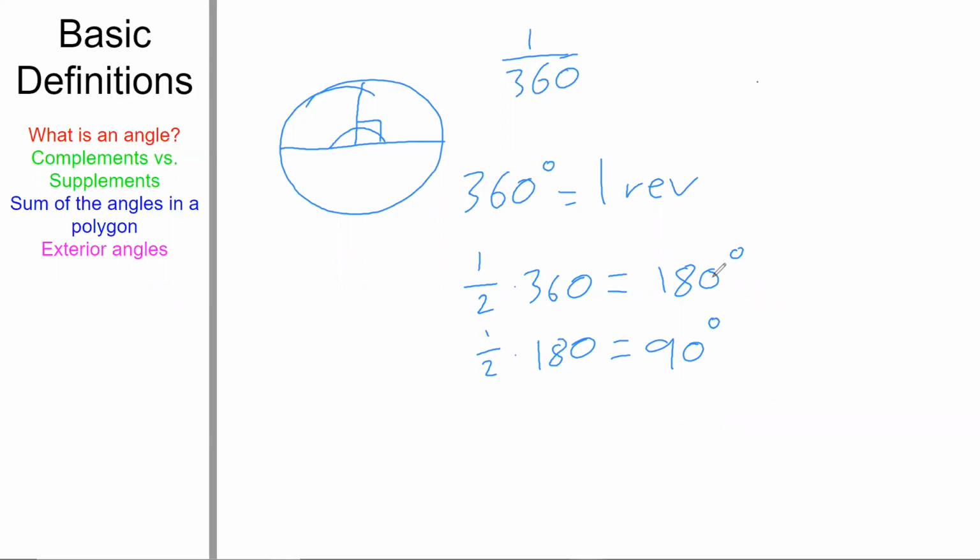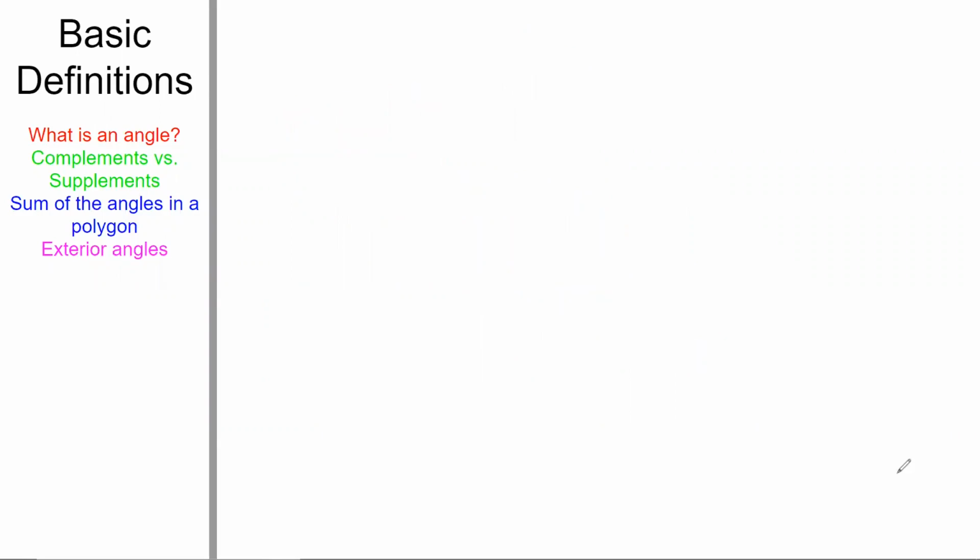And now we're going to learn about the definition of complements versus supplements. So a complement of an angle, let's say x, is another angle such that x and that angle, let's say y, add up to 90 degrees.